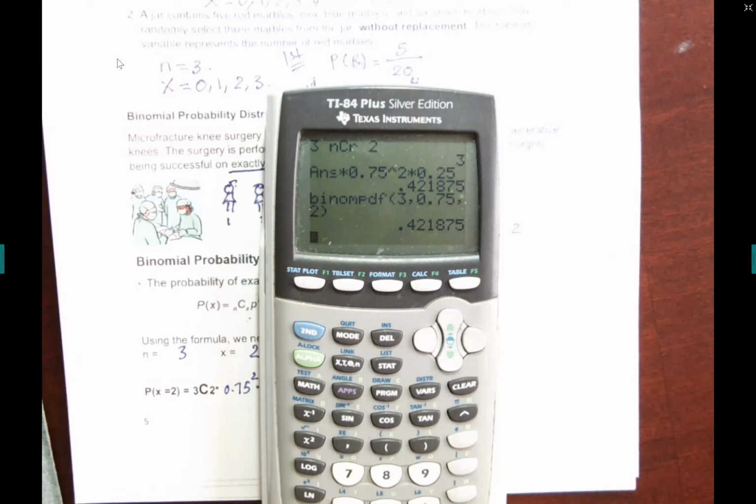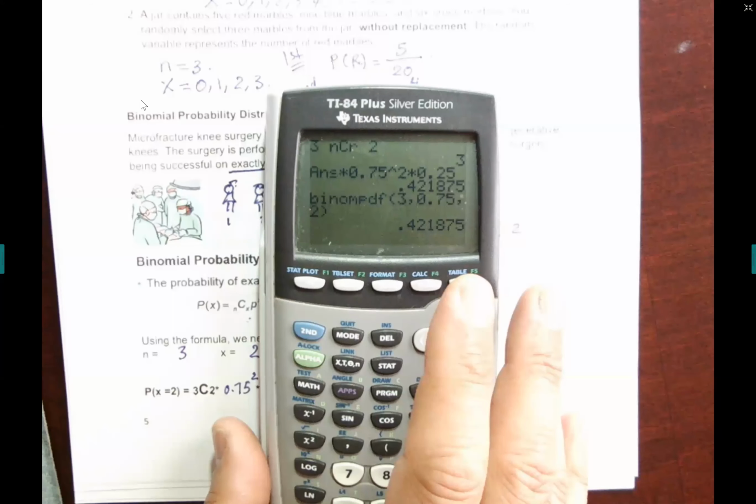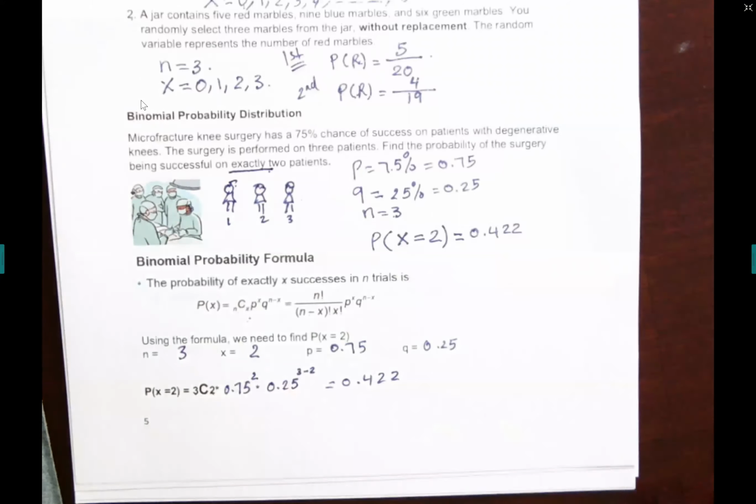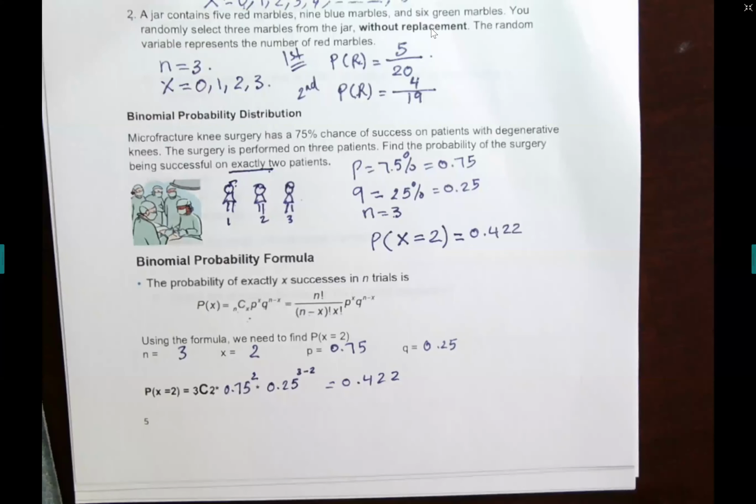is only reserved for exactly. So you just use this formula when you do probability of x is exactly a certain value. Any questions here? No questions? Let me see if there's anything in the chat.